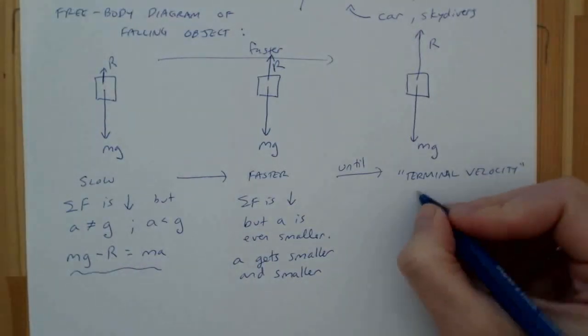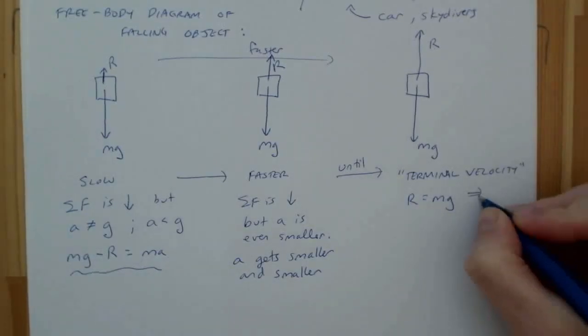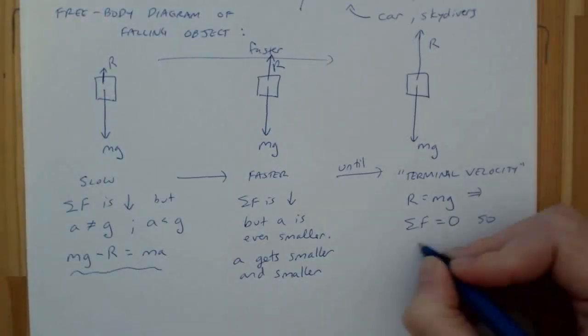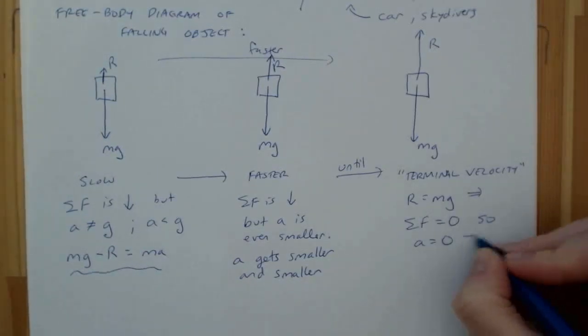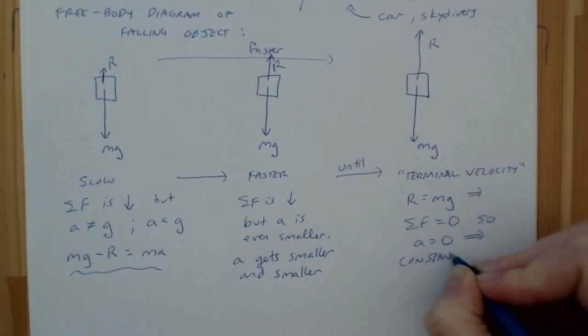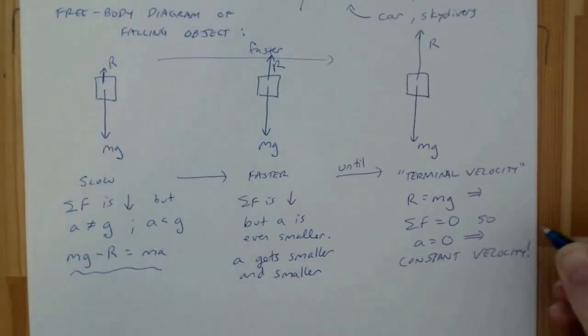At terminal velocity, R equals mg, which means that the sum of forces is equal to 0, so the acceleration equals 0, which is then how you end up with a constant velocity. So the constant velocity as it falls.